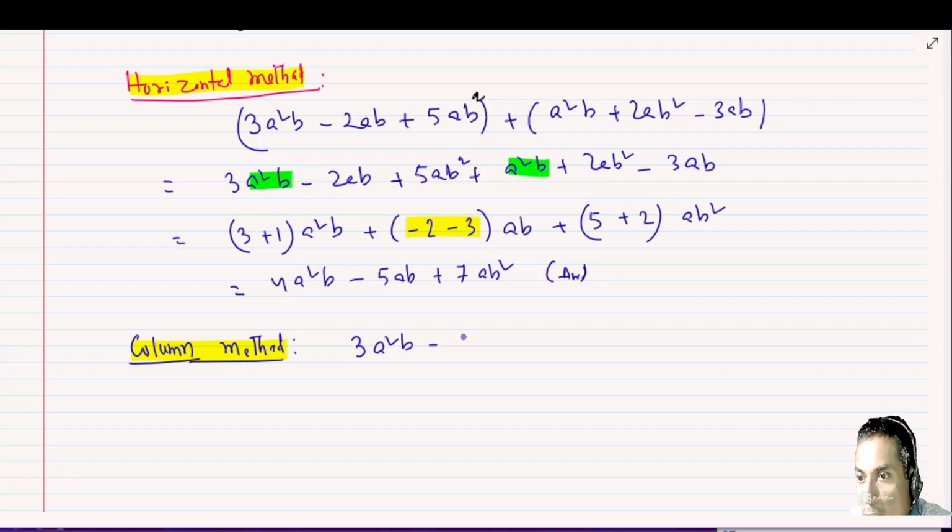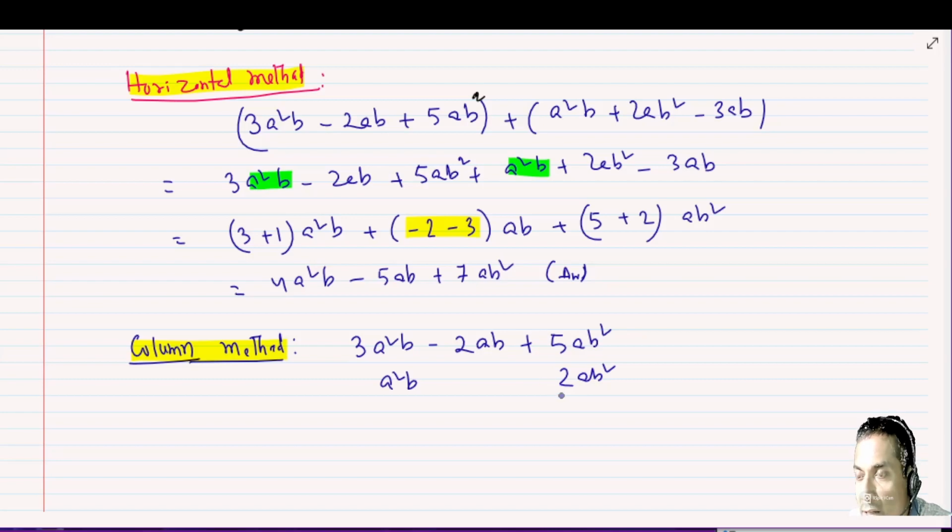A square b minus 2ab plus 5ab square. Now you have to keep the like terms under the like terms. What does that mean? So you write a square b here, and the ab square here, 2ab square.